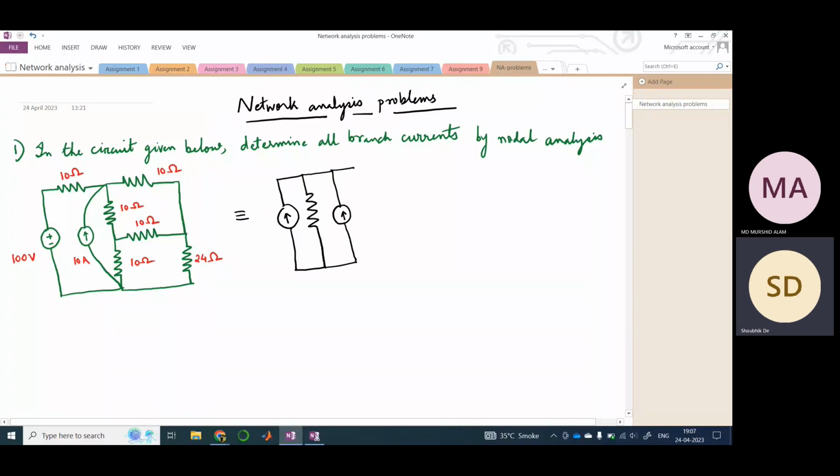And then we have all of these resistances that are there.